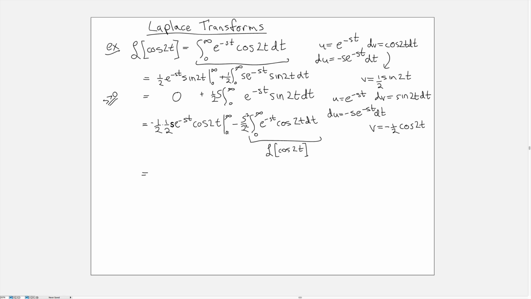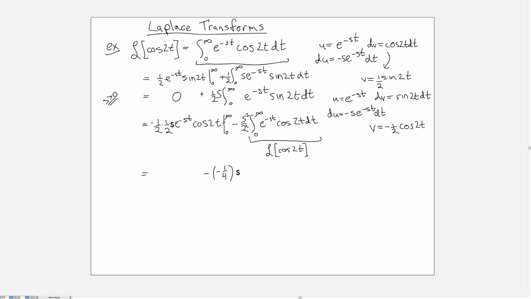When I plug in 0, this time it doesn't all disappear. What do I get? I get 1 here, and I get 1 here. So this whole term ends up being, it'll have a minus in front of it because it's the lower limit. So that'll be minus 1 over 4. This minus comes from the fact that it's the lower limit, and this minus comes from the expression that we had.